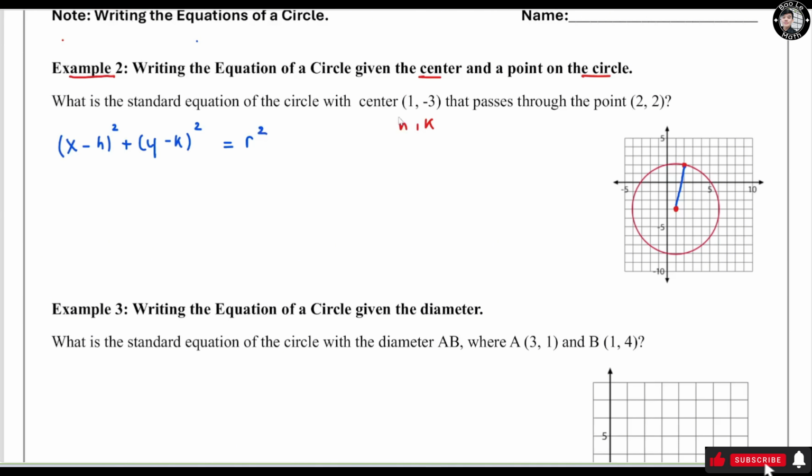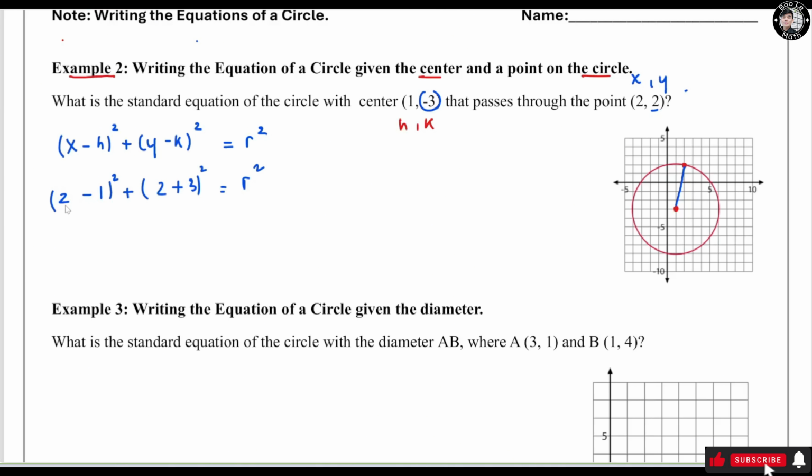Now we're going to substitute h and k over here, and the point over here, actually x and y, and we solve for the radius. So we have x, which is 2, minus h, which is 1, altogether squared plus y, which is 2 right here, minus k, but k equals -3, so it could be plus 3 squared equals radius squared.